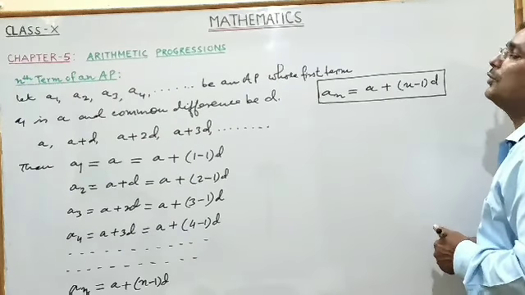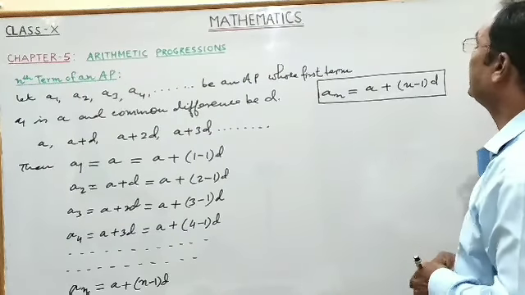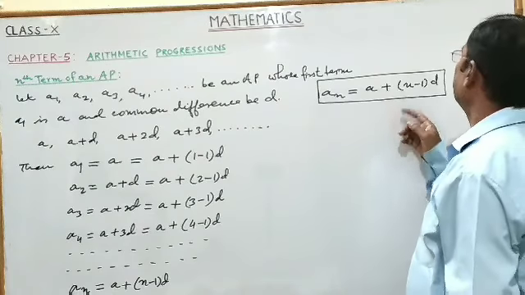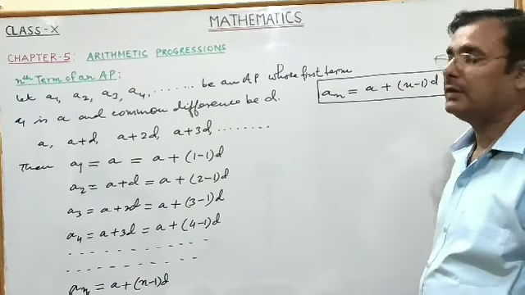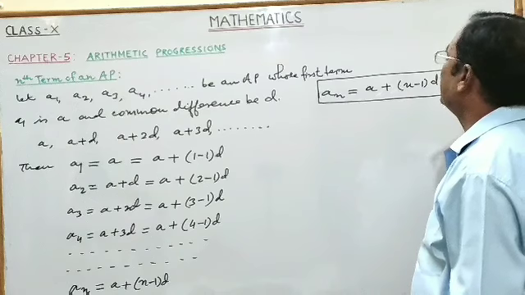So this is the required expression An equal to A plus n minus 1 into D for nth term of an arithmetic progression.